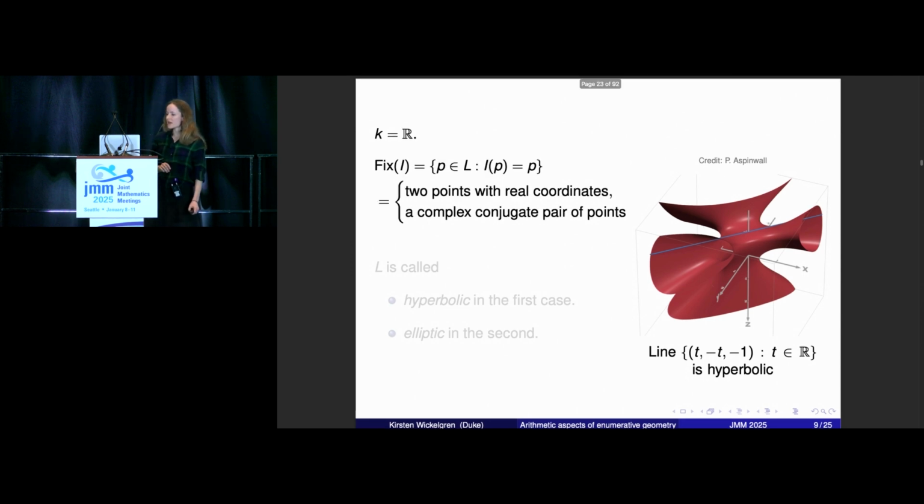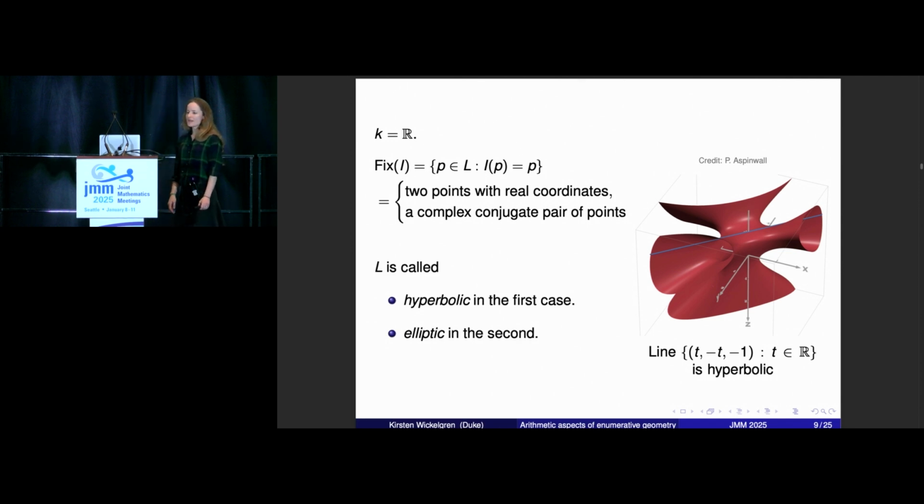They can either be 2 points with real coordinates, or they can be a complex conjugate pair of points. And in the first case, the line is called hyperbolic, and in the second, it's elliptic. So you can actually feel which line is which.